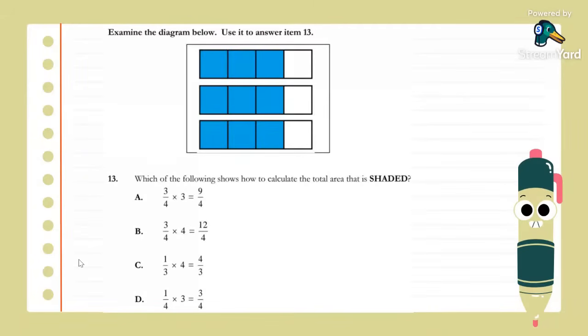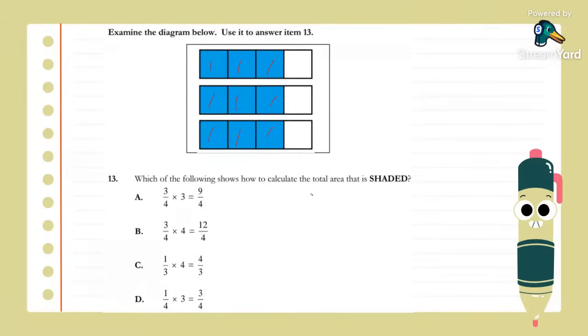We have one here showing 1, 2, 3, 3/4. We have another one showing 3/4 and 3 of them showing 3/4. In order to calculate the total, we can add 3/4 plus 3/4 plus 3/4. But simply, we can just multiply 3/4 3 times. That's how we will get our answer.